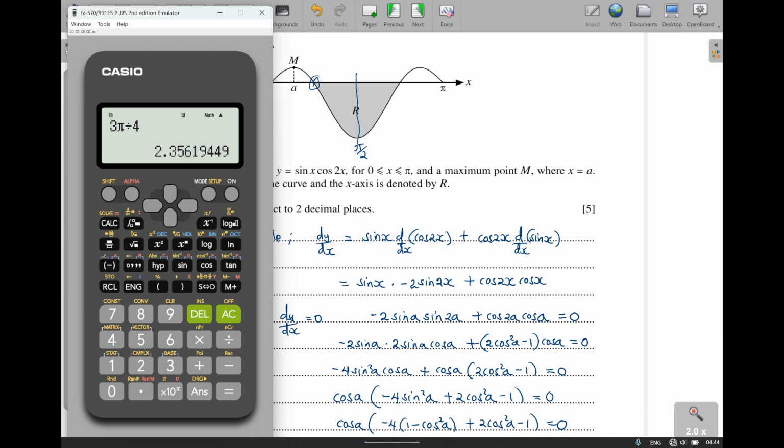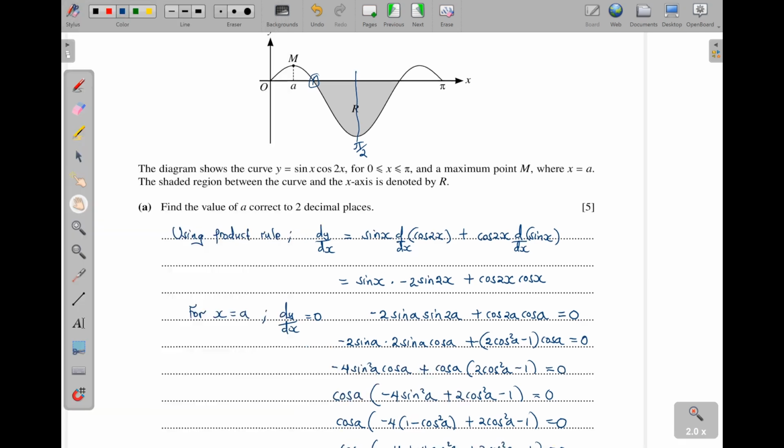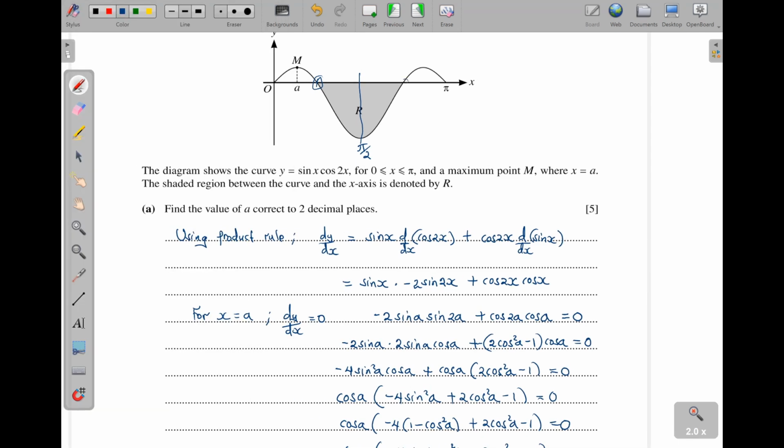So shift, then I get the pi, divide by 2. This one is 1.57. The other one is 2.356. So that means the other answer we have gotten, 3 pi over 4, is this other limit here, because it is bigger than this pi over 2. Okay, so that is what we are having there.